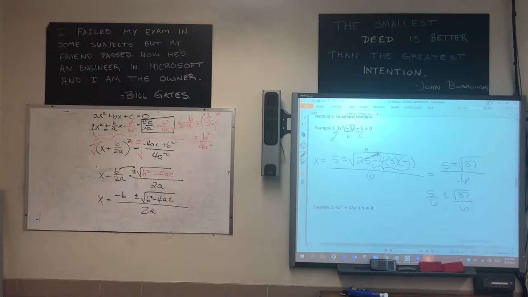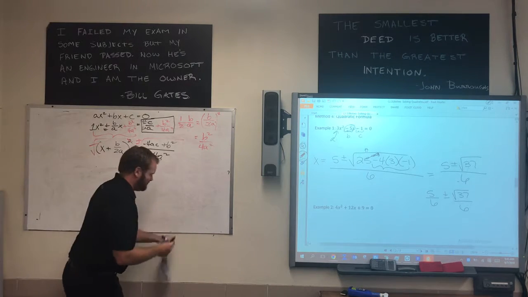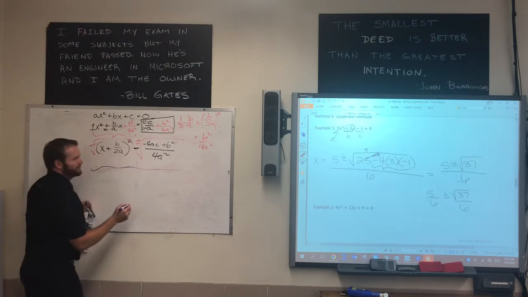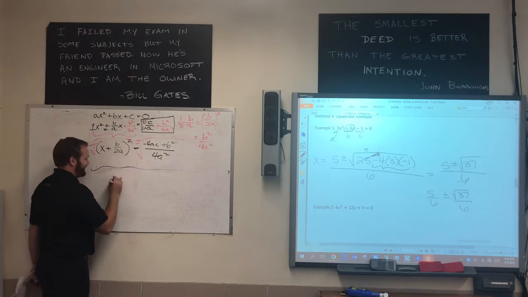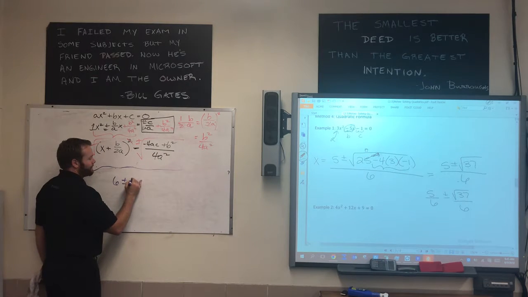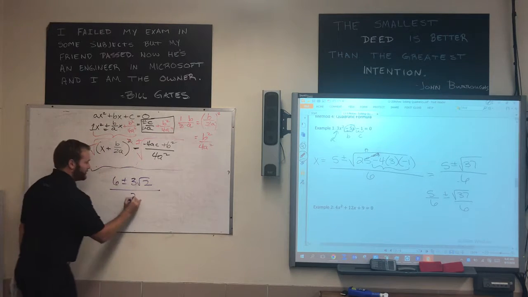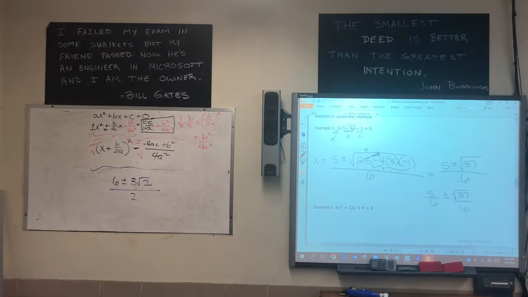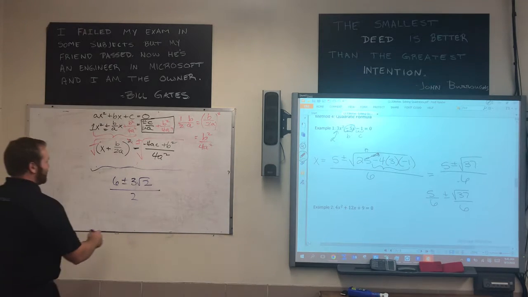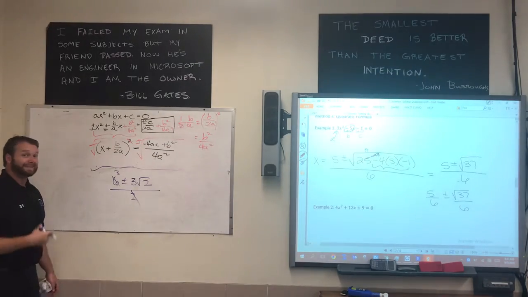Let's say that we have a solution at some point that looks like, I don't know, let's go 6 plus or minus 3 radical 2 all over 2. Okay? And what happens is a lot of people want to just start canceling things. Well, 6 and the 2 cancel out, all that kind of stuff. And they just want to do this. Boom, boom, 3. 3 plus or minus 3 radical 2. Okay? That cannot be done.